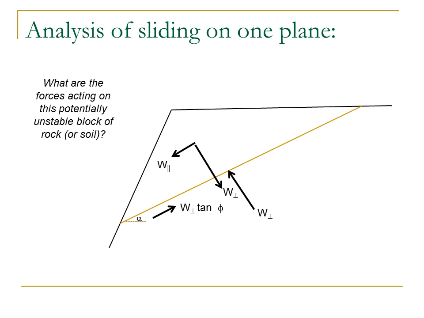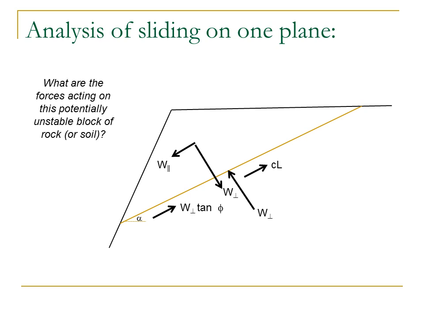And if we happen to have a material that has cohesion, then we would need to know the length of the base of the slide, and we'll call that length L, and we can take the cohesion C multiplied by L, and we get the cohesive force that may be helping to resist failure.